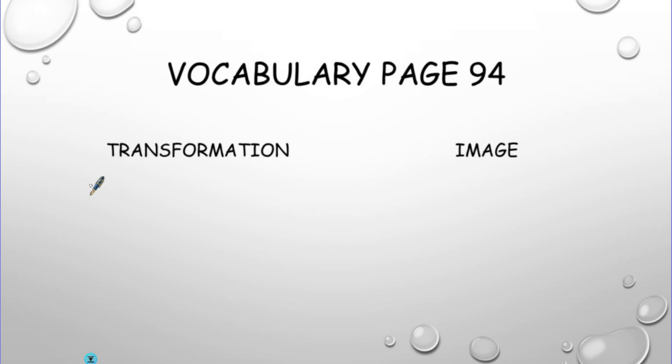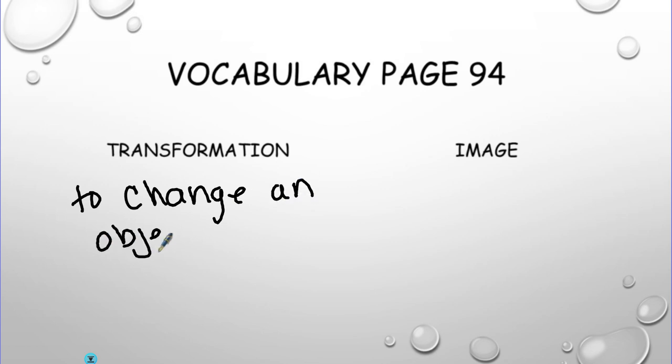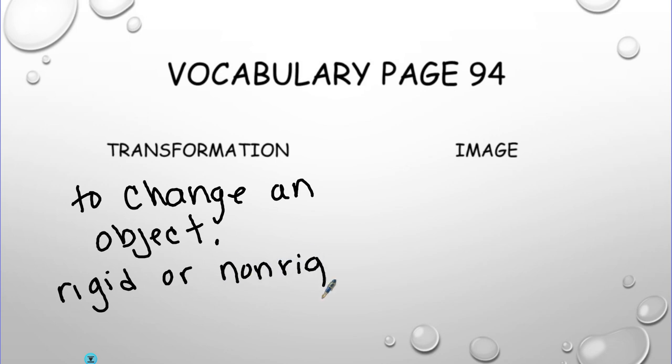Transformation. A transformation means to change an object. And depending on the type of transformation, certain things happen. So a transformation can be rigid or non-rigid, and the one we're going to focus on is rigid, which is the translation for right now.